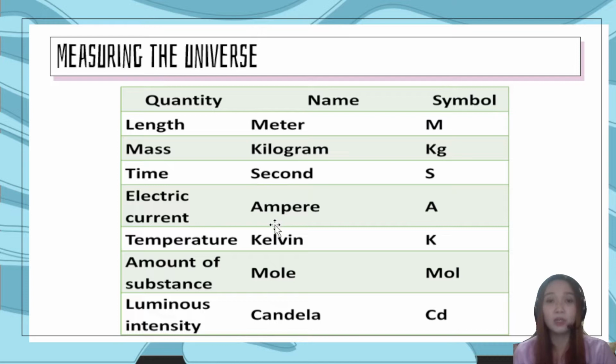Okay? So we use ampere for electric current, Kelvin for temperature, mole for the amount of substance, and then candela for the luminous intensity. Okay? So, but we would be seeing more of the length, mass, and time for statics and kinematics. Okay?